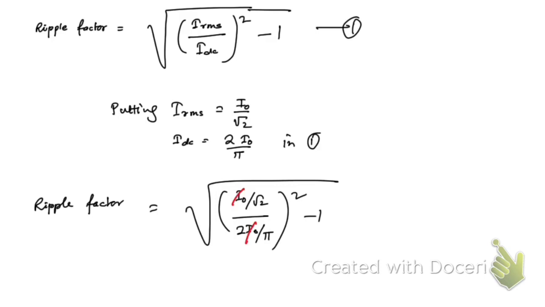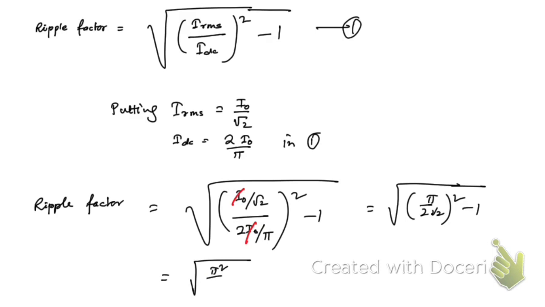So it's going to be equal to (pi by 2 root 2) whole square minus 1, and that's equal to pi square by 8 minus 1. If you put in the value of pi and calculate it, its value is approximately 0.482. So this is the ripple factor of the full wave rectifier. I hope you have understood this.